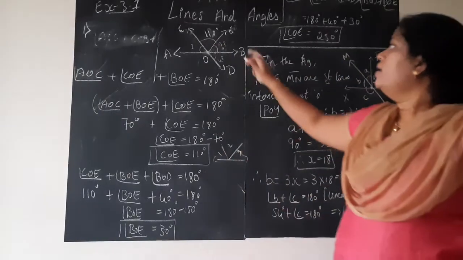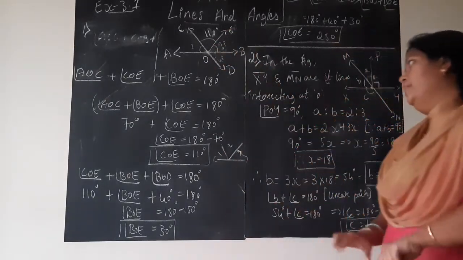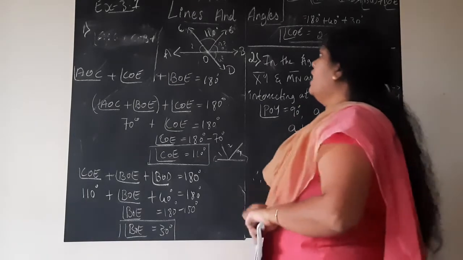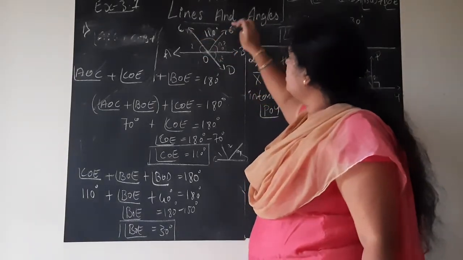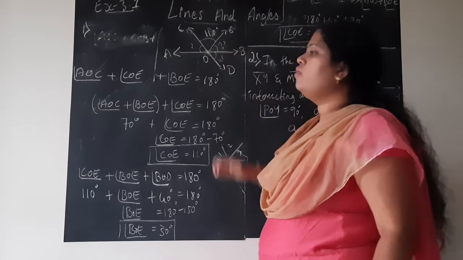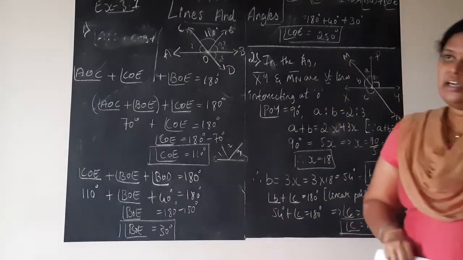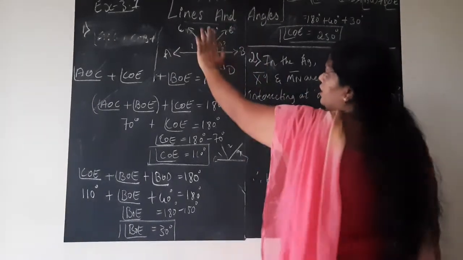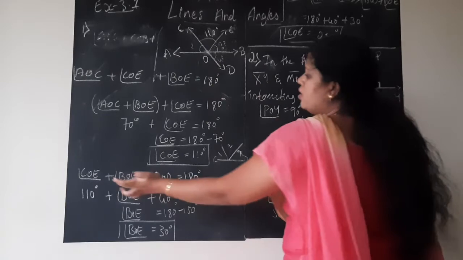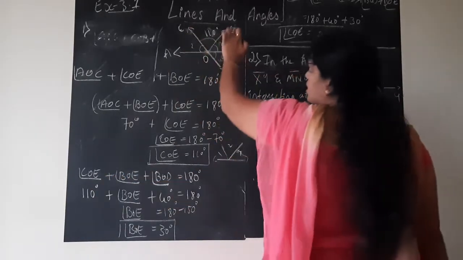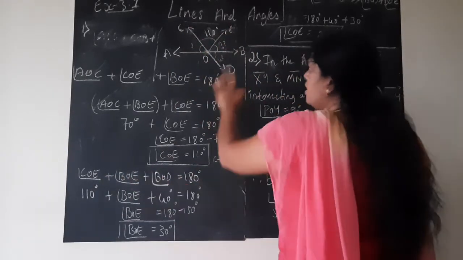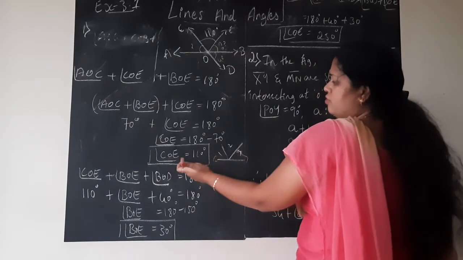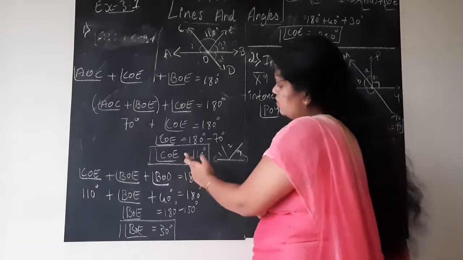One angle COE we found. One more angle, BOE, we also need to find out. For that, we shall consider angle COE plus angle BOE plus angle BOD. The adjacent angles we are taking, children. First we took 1, 2 and 3. Now we are taking 1, 2 and 3. So angle COE plus angle BOE plus angle BOD is again equal to 180 degrees. Just now we found angle COE is 110 degrees.